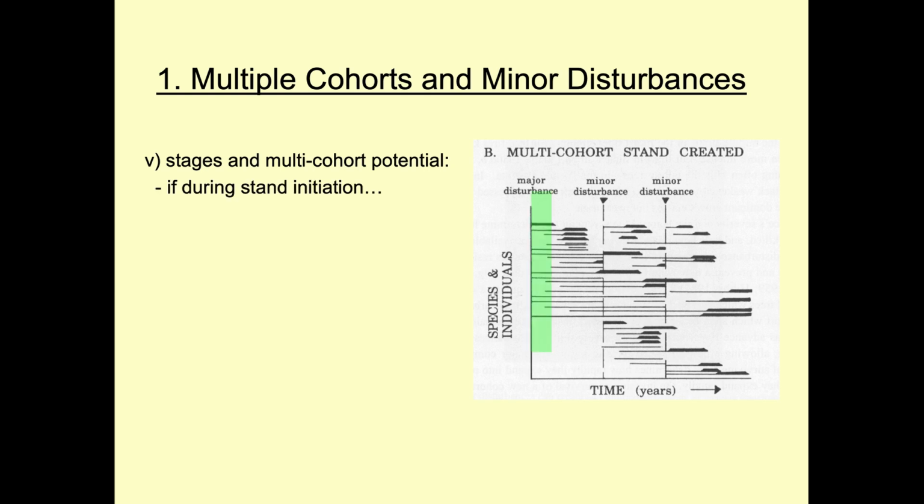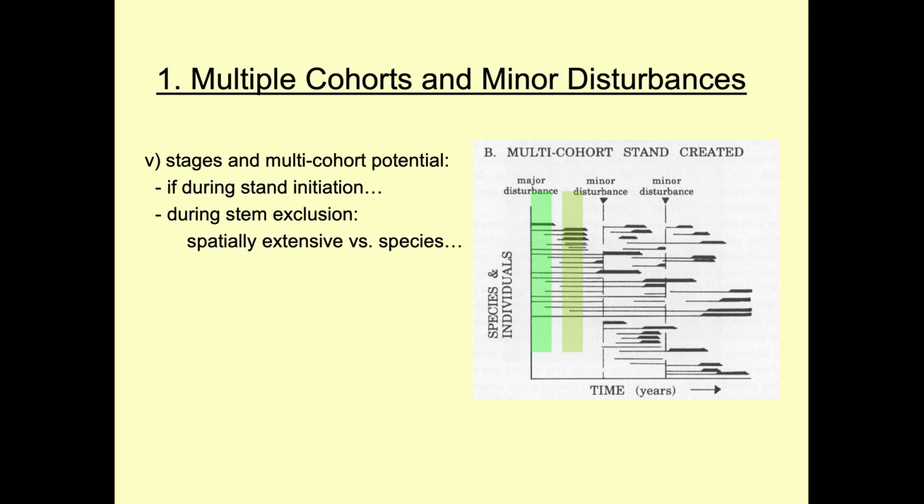For example, if a minor disturbance occurs during the stand initiation phase, then you're not going to get a separate cohort. The stand initiation phase is just going to be prolonged, and you're just going to have a single cohort develop. Now, if a minor disturbance occurs during the stem exclusion, something else may occur.